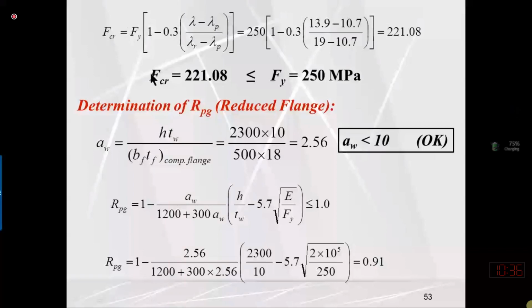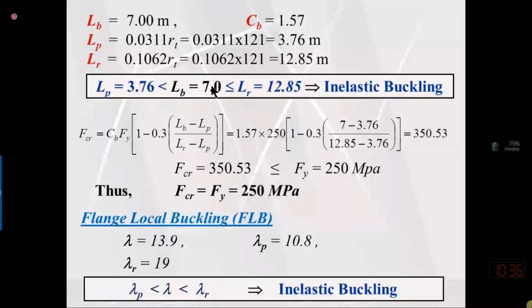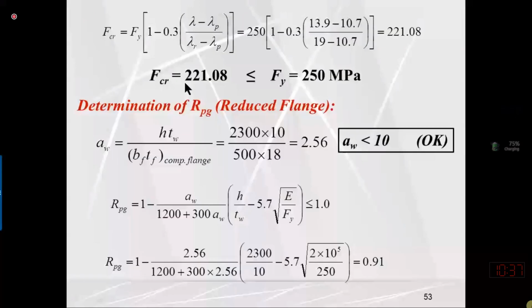This formula is giving an answer less than Fy, 221.08. So we have two FCR values, one 250 based upon lateral torsion buckling and one 221.08 based upon local buckling. The lesser value will be used in the equation, which is 221.08.